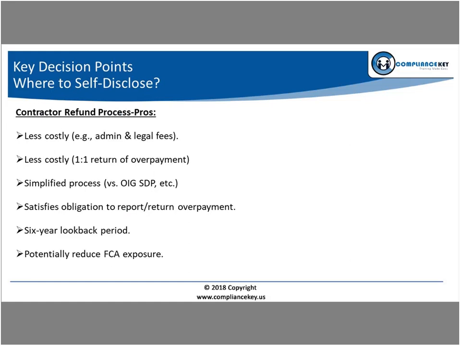Just make sure you have that information together and then issue the overpayment back to the MAC in whatever form they prefer. It is a much more simplified process than these other avenues, such as the disclosure protocols. It does satisfy your obligation to report and return the overpayment. Again, the look-back period is going to be 6 years, and it potentially would reduce your False Claims Act liability exposure.